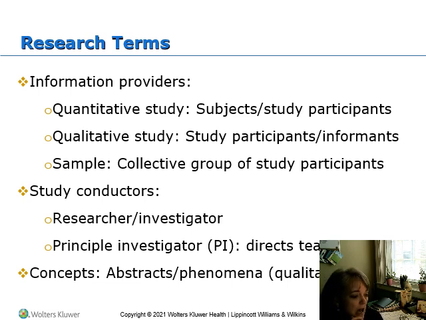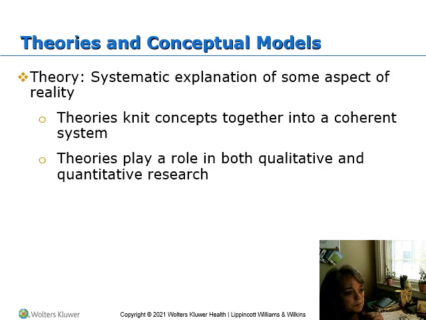And there are some concepts called abstracts and phenomena, and those are specific to qualitative studies, and we will delve into those more when we start to cover qualitative studies.